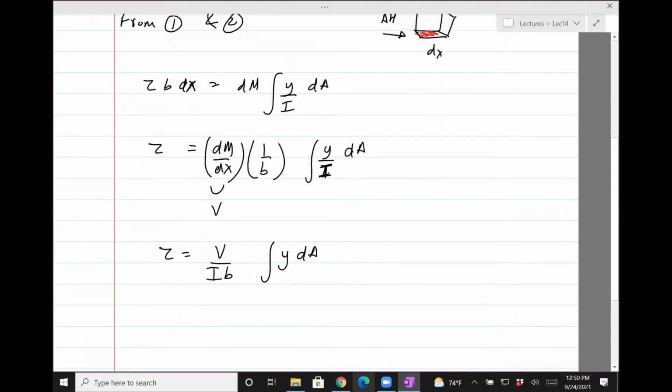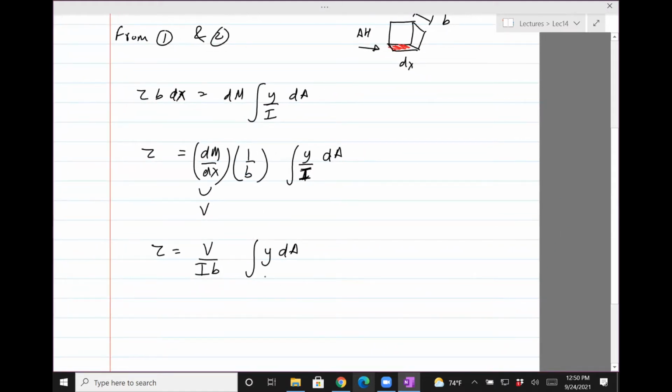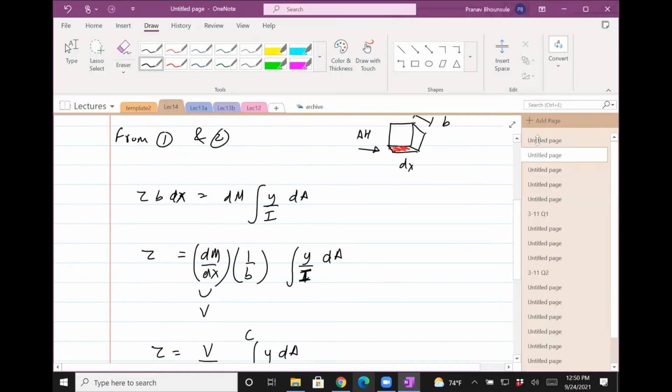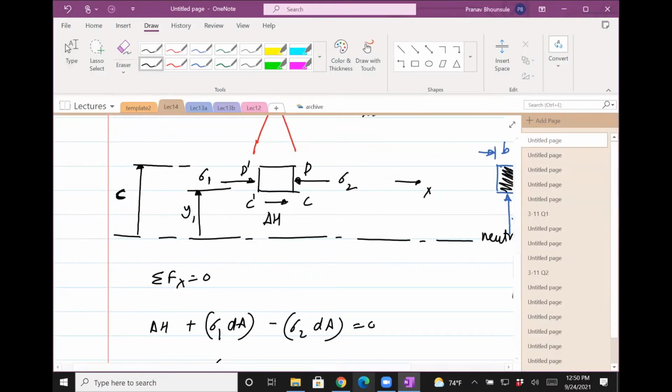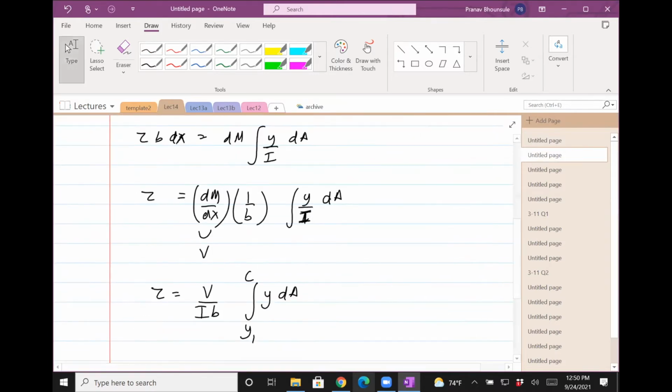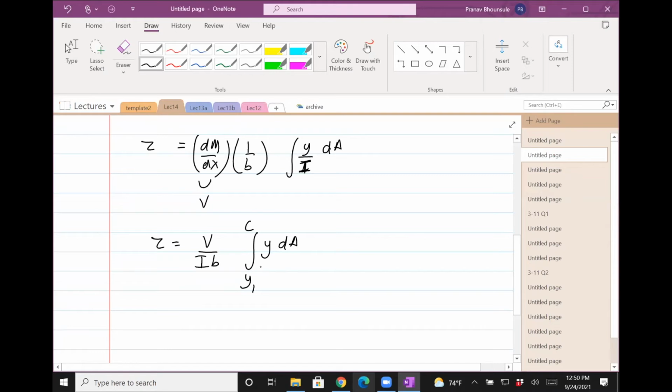Now, when you take this integral, you're basically integrating from y1 to c, where y1 is the bottom face, and you go all the way up to the height of the block. So this integral is sometimes written as Q. It's not the section modulus.